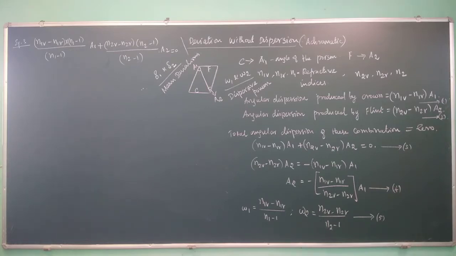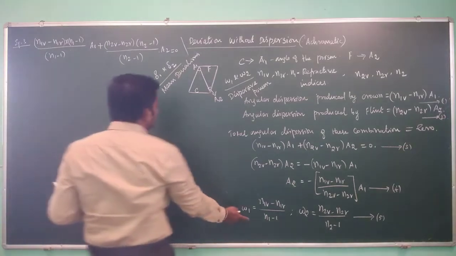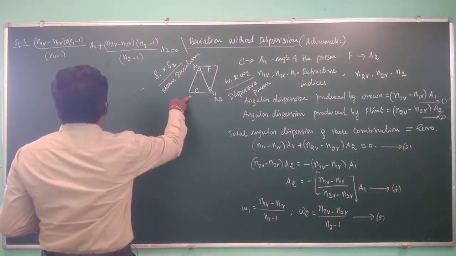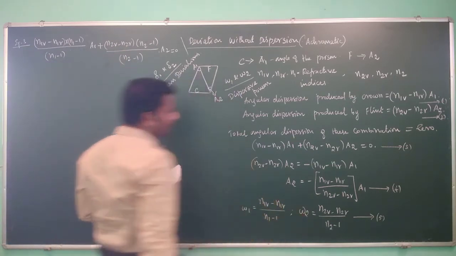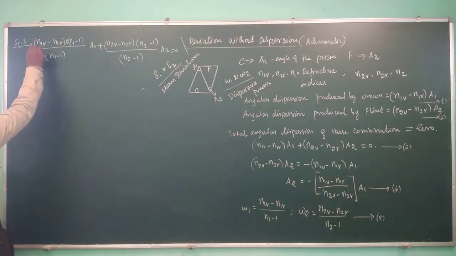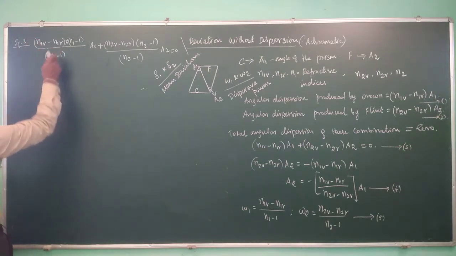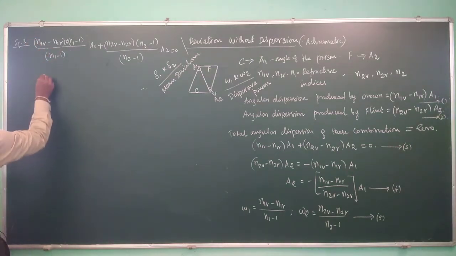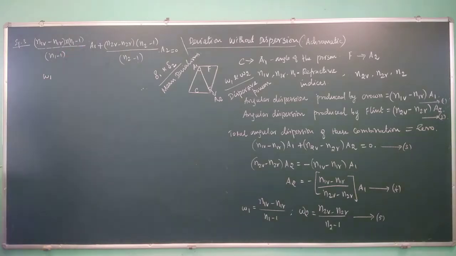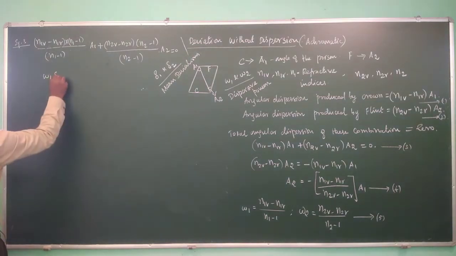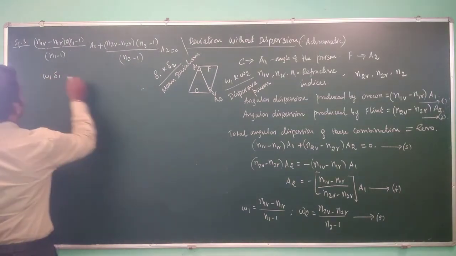What is dispersive power? N1V minus N1R divided by N1 minus 1 will be the dispersive power omega 1 of the crown prism, as we have defined a little earlier. Similarly, N2V minus N2R divided by N2 minus 1 will be the dispersive power of the flint prism. So this part becomes omega 1, and N1 minus 1 multiplied by A1 is nothing but the mean deviation of the crown prism, so this becomes delta 1, right?